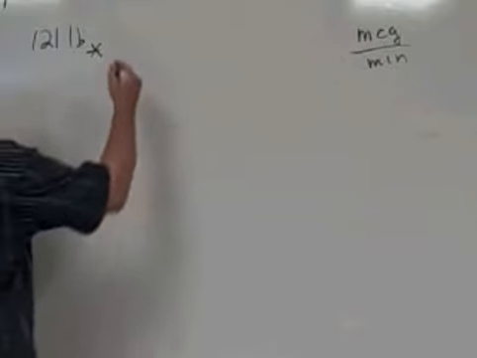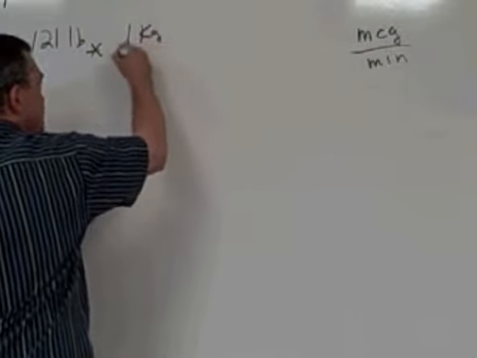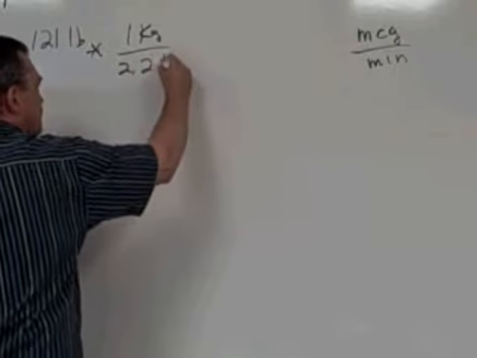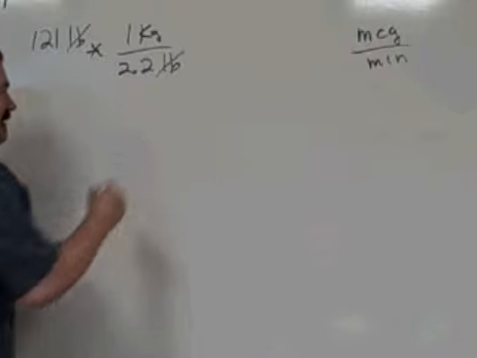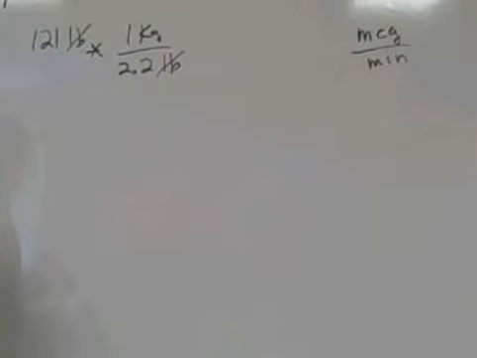But the rate that we have requires us to have the patient's weight in kilograms. So that's the first change we will need to make. Now we have the patient's weight in kilograms.